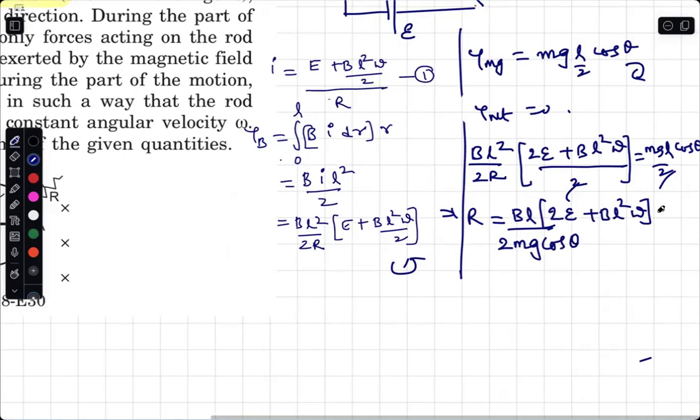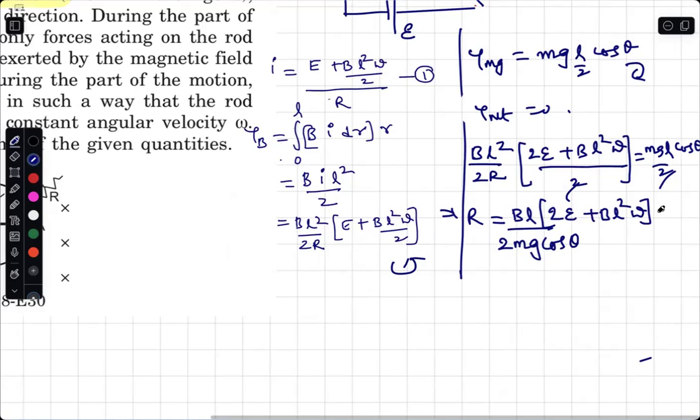Sir, what are variables in this? What are variables in this? Geetika, what are variables in this? B, not a variable. L, not a variable. E, not a variable. Omega, you want omega to maintain constant. So what changes?